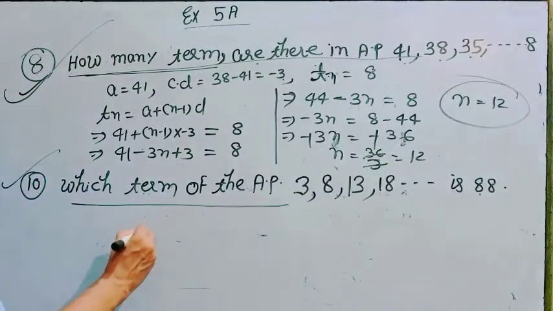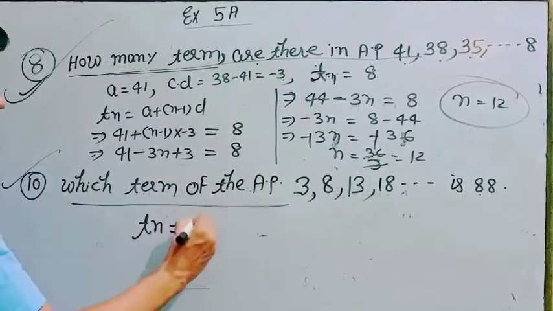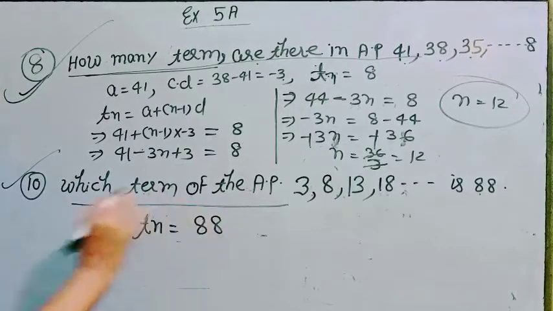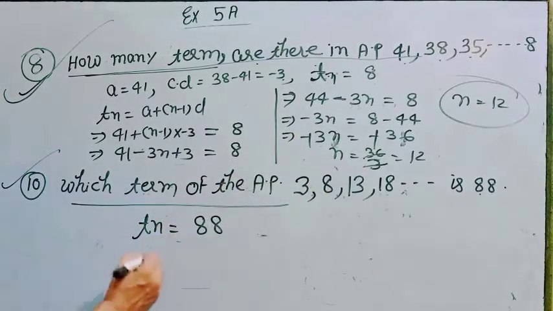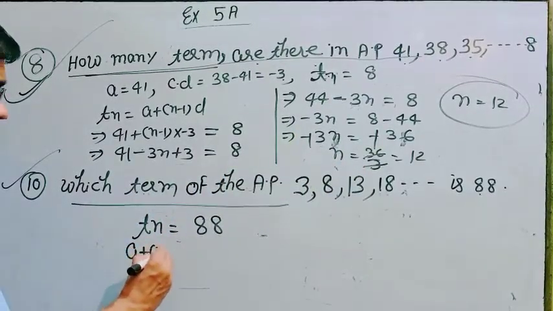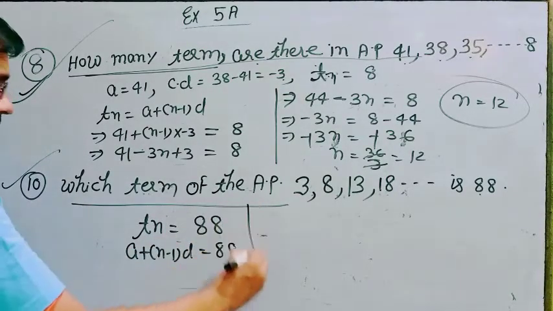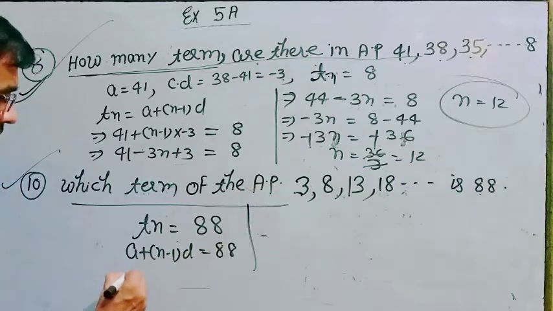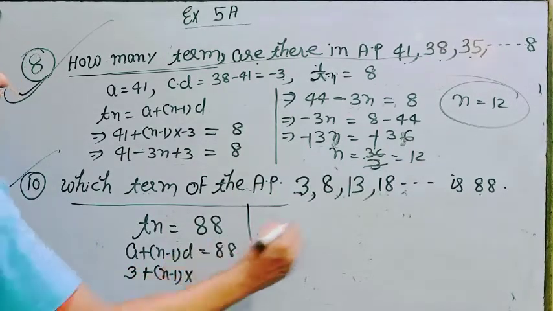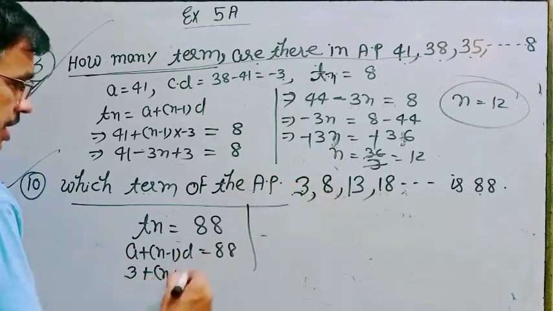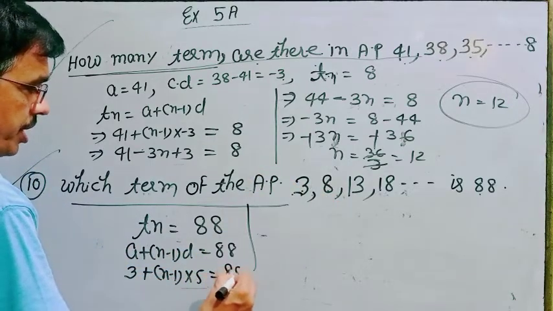That means the last term 88 is given. Which term is it? That is Tn is equal to 88. I write here that A plus n minus 1 into D is equal to 88. So what is A? In this question, A is 3 and D is 5 because 8 minus 3 is 5.